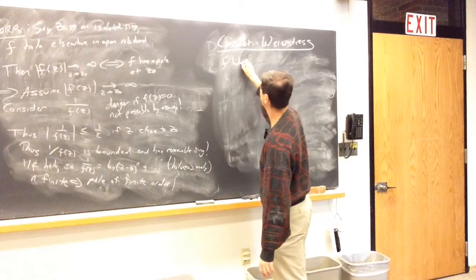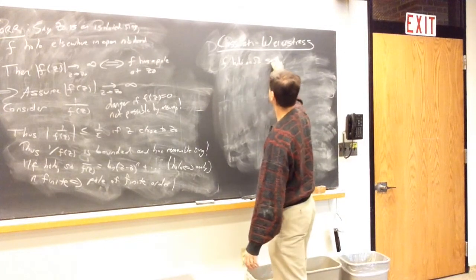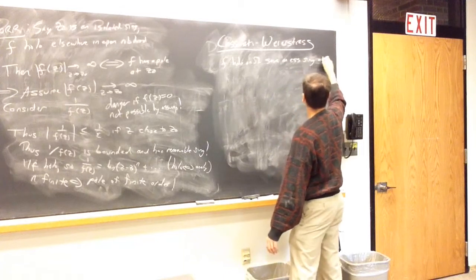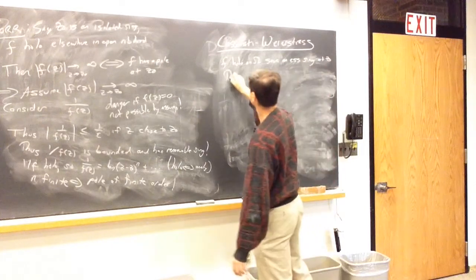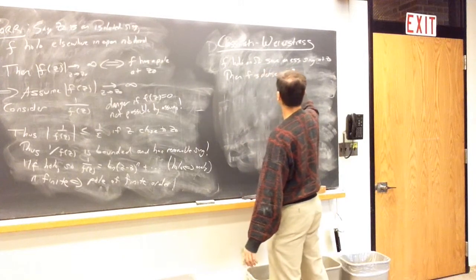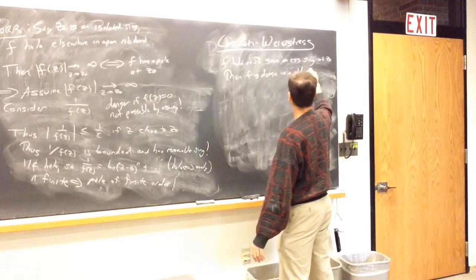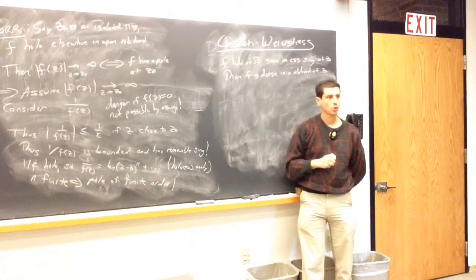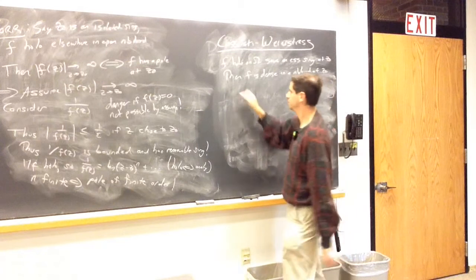If f is holomorphic on omega, save an essential singularity at z0, then f is dense in a neighborhood of z0. What this means is the following.